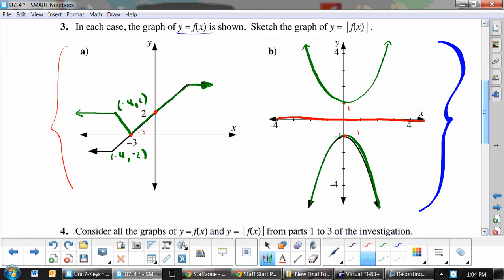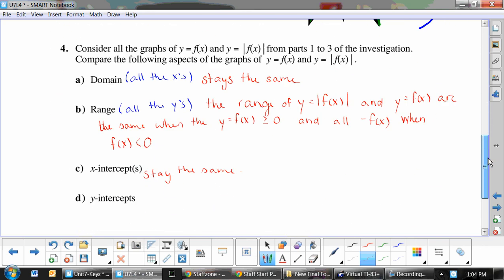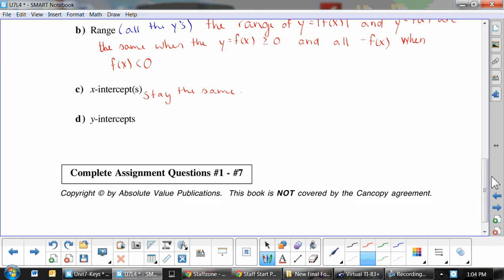What about this instance? No. So we need to come up with a general rule, something that always works. Yeah, so our y-intercepts will always be positive in the absolute value. So that's a good way to put it. We can say when it's positive, it stays the same, and when it's negative, it becomes positive by reflection.